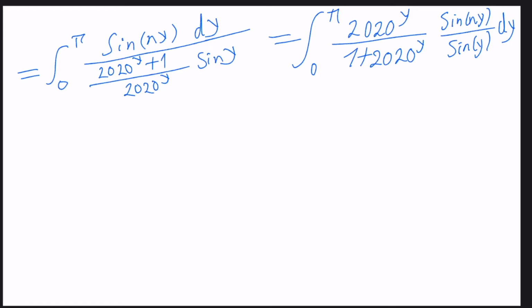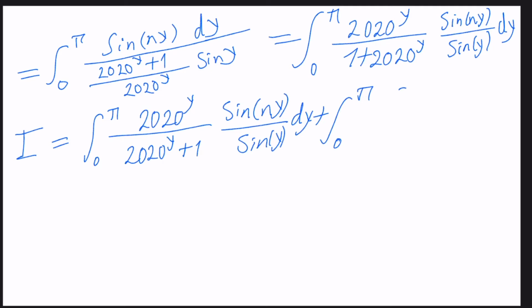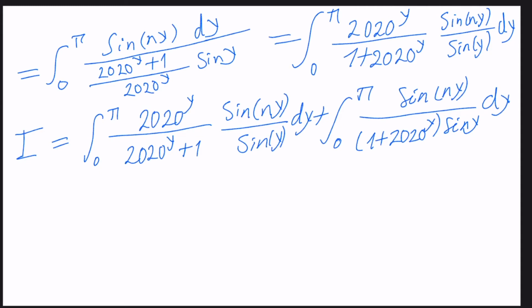Okay, so we can write I, the original integral, as the sum of the integral from 0 to pi of 2020^y divided by (2020^y plus 1) multiplied by sine of ny divided by sine of y dy, plus the integral from 0 to pi of sine of ny divided by (1 plus 2020^y) sine y dy. Okay, so this integral was separated into parts.